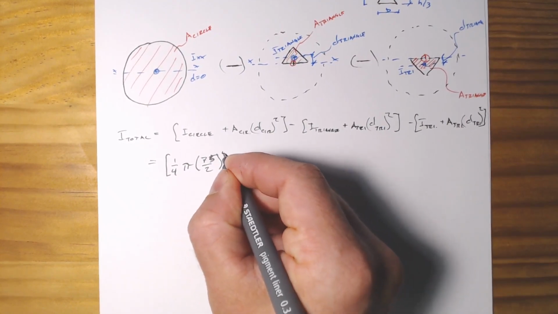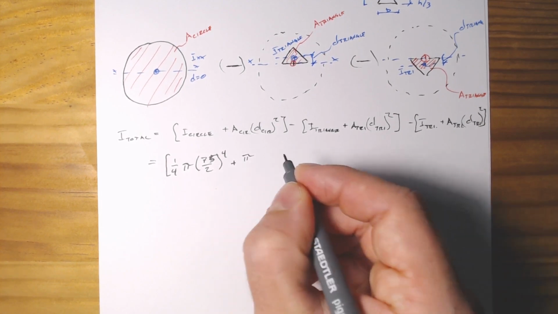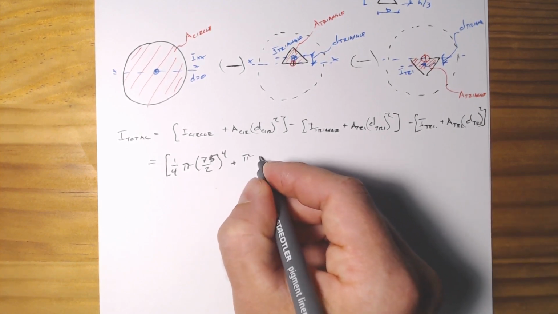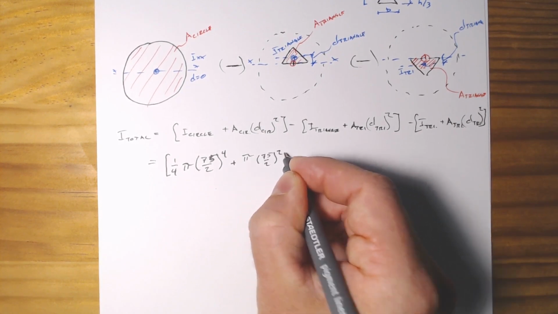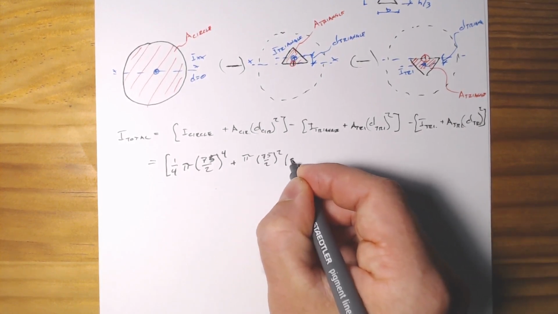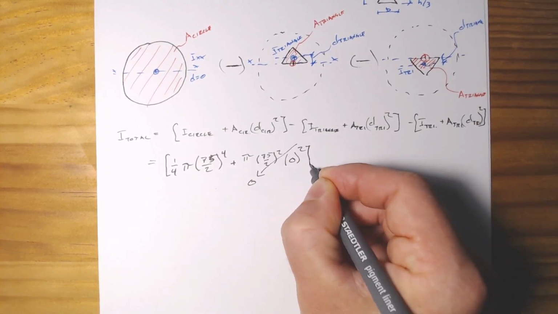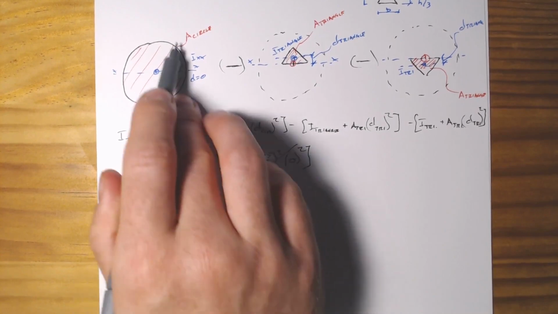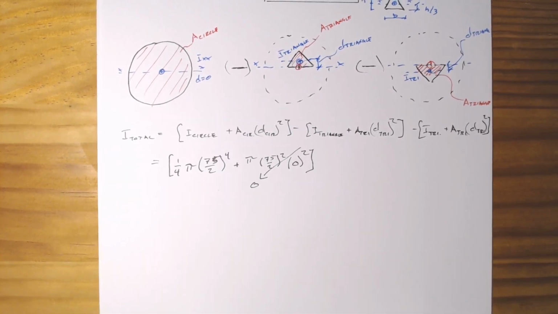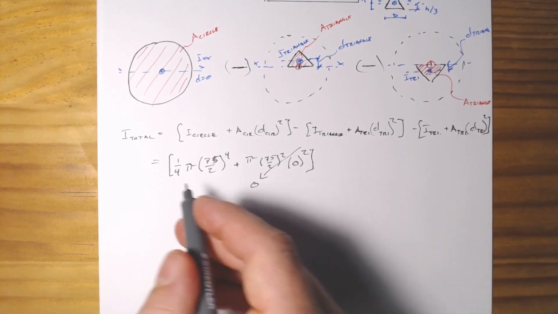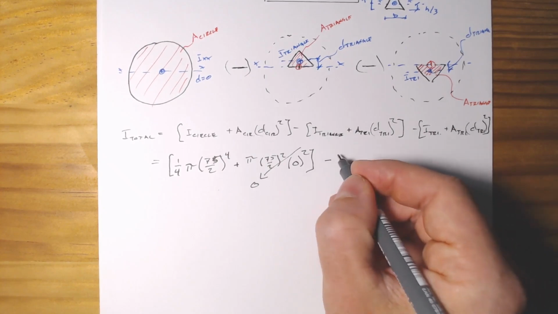And we'll have all of that to the fourth plus pi times 75 over 2 squared multiplied by 0 squared. That goes to 0. That's because the distance between the centroid of the main circle and the centroid of the entire section is 0. They're right on top of each other. So we have that. So then we subtract out the contribution of this top triangle.